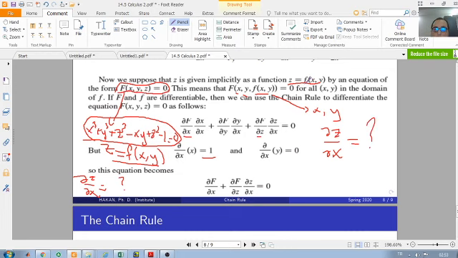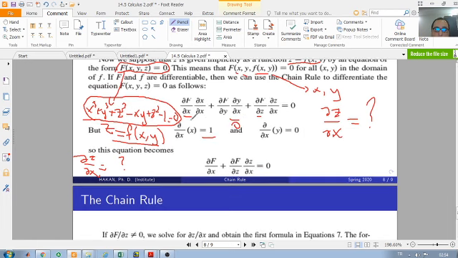because z is a function of two variables. So we know the derivative of x with respect to x is equal to 1, and we consider the variable y as a constant for the partial derivative with respect to x. Therefore the second one becomes 0.